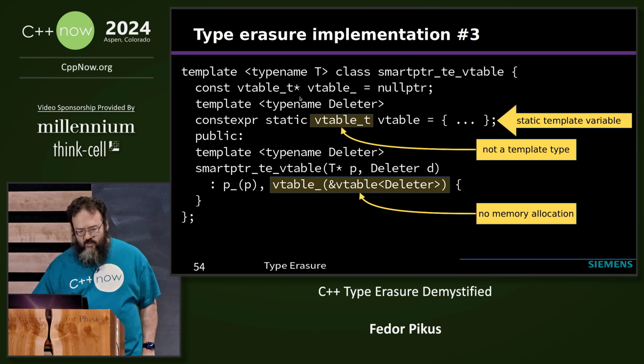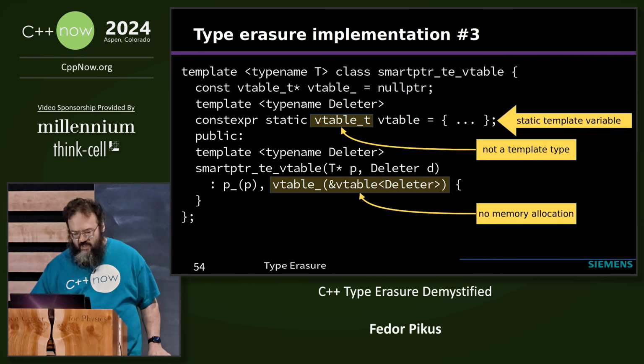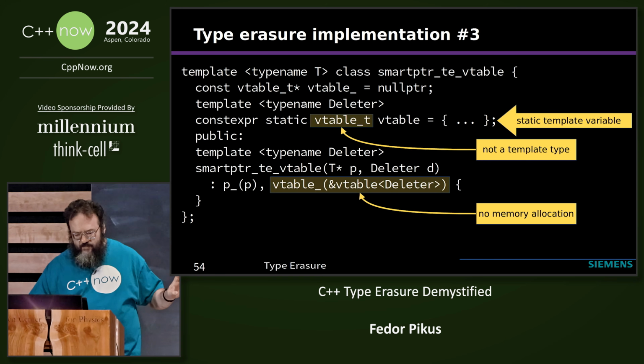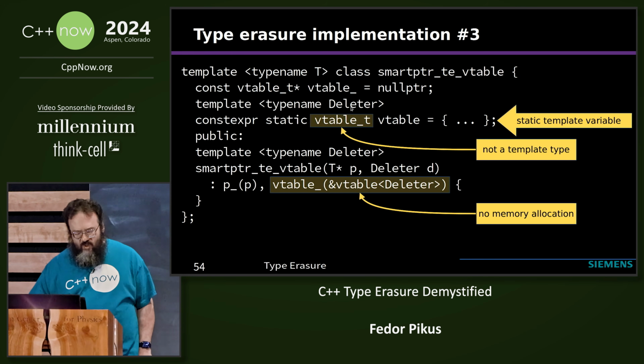So let's look at the second part. Now, the definition of vtable, you just have to remember it. It's that. So I have my pointer to a vtable, and now I have this template. This is the one that's going to generate the right code, because it's parameterized by the deleter. But let's see what it is. It's not a function.